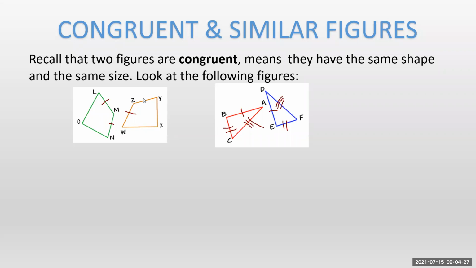Then you have got MN equals to ZY, then you've got DN equals to YZ and XW equals to LO. Understand? They should be congruent. They should have equal values. This is when you're talking regarding the congruency of the two triangles.